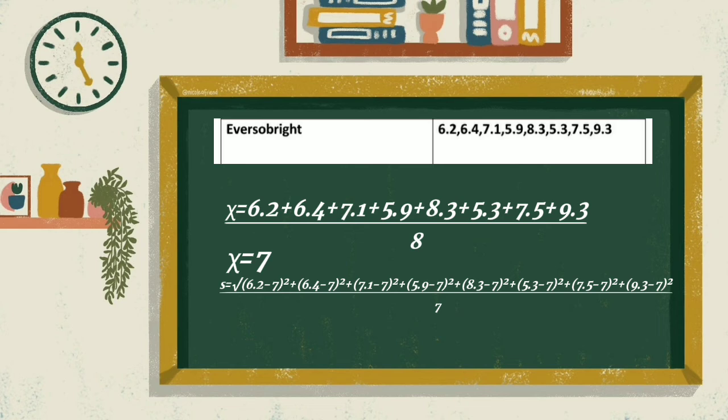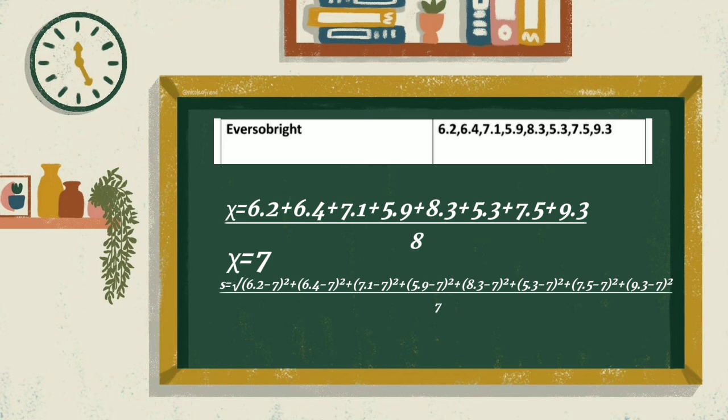So, isa-isa nating isa-subtract sa mean value natin, which is 7. So, 6.2 minus 7 squared plus 6.4 minus 7 squared plus 7.1 minus 7 squared plus 5.9 minus 7 squared hanggang sa dulo 9.3 minus 7 squared all over 7. So, bakit 7 na lang to?